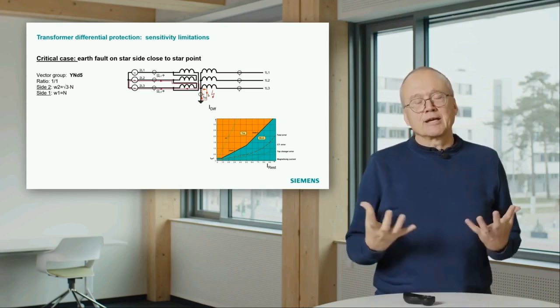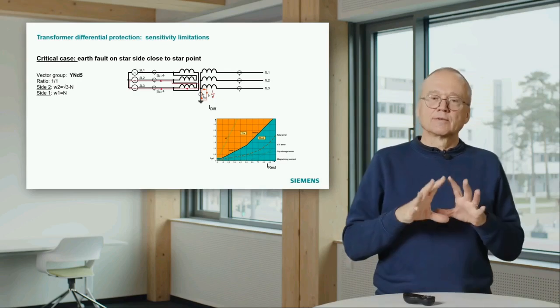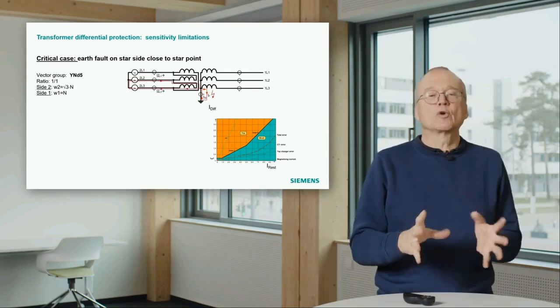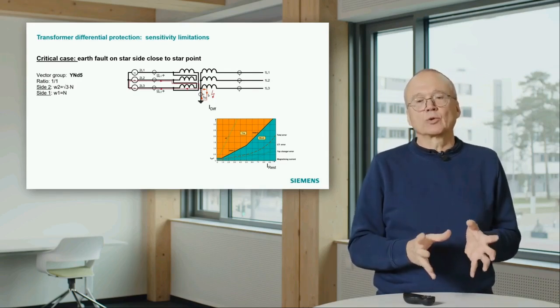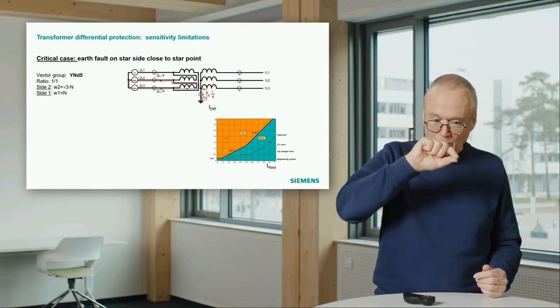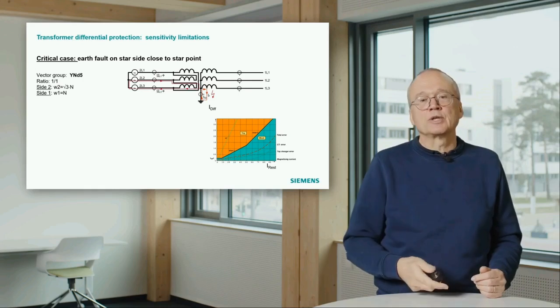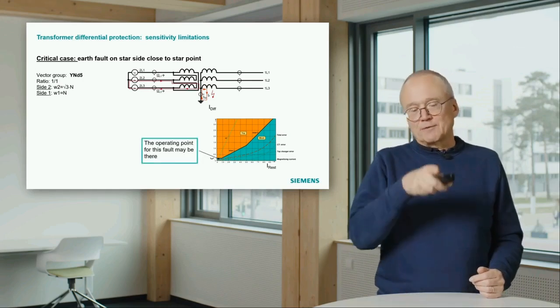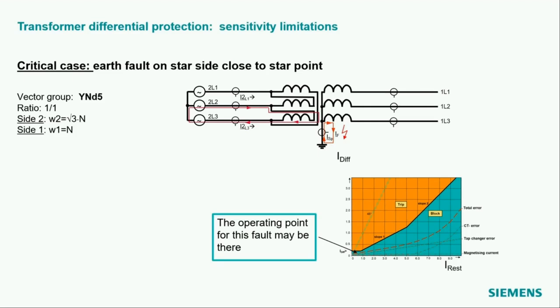And if you calculate that, if you apply the normal differential algorithm on such a case where you have a short circuit between only a few windings and ground, you would find yourself somewhere near the origin in this diagram, but still in the green area.